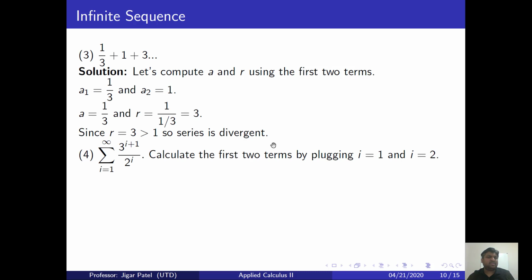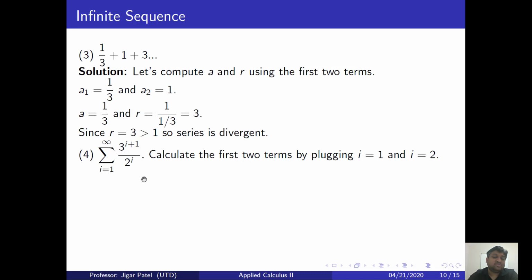Let's try one problem in sigma notation. Suppose I give you sigma, i running from 1 to infinity, 3 to the i plus 1 over 2 to the i. In order to determine whether this converges or diverges, I need to calculate the first two terms. Plug in i equal to 1 and i equal to 2.